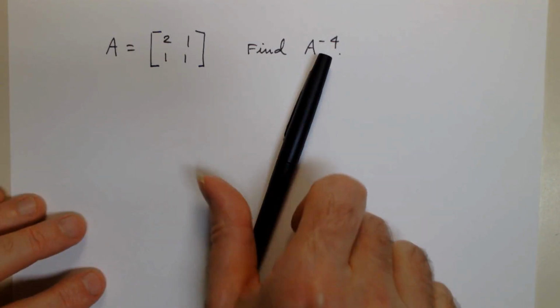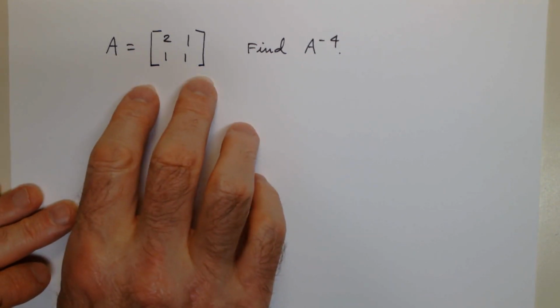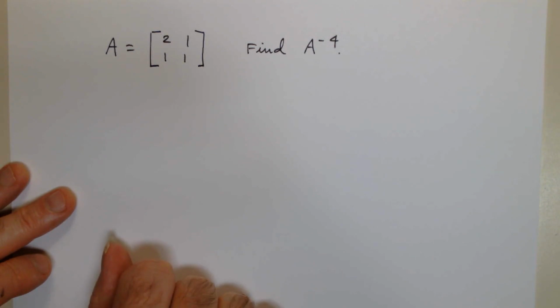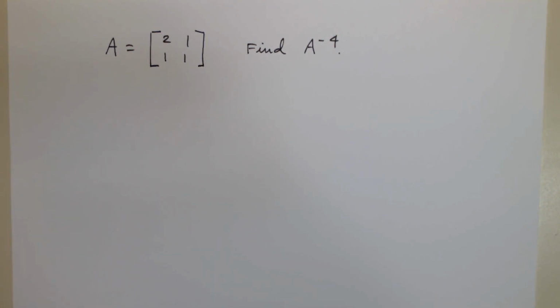All right, let's take a look at the solution to this problem. We've been given a matrix A, and we want to find A to the power of -4. Now, there's two different ways that we can think about this according to the work that we've done so far, right? According to the definition of A to the power of -4.